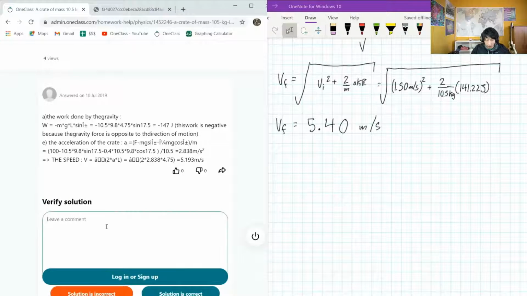Cool, so let's just verify this. So part A is good.